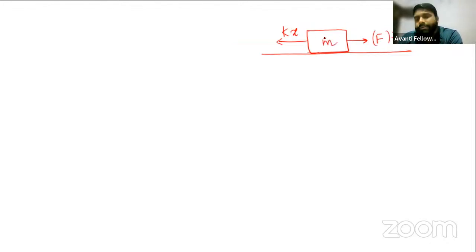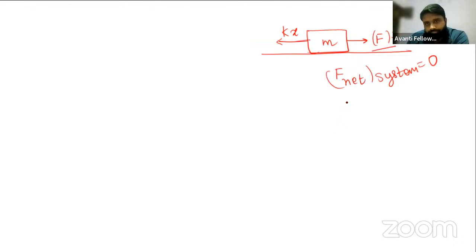When will this block come into equilibrium? Equilibrium means the net force on the system, F net of system, will be 0. Here two forces are acting on this mass block M, which are F and kx. So if F is equals to kx, then you can say that F net on the system will become 0.